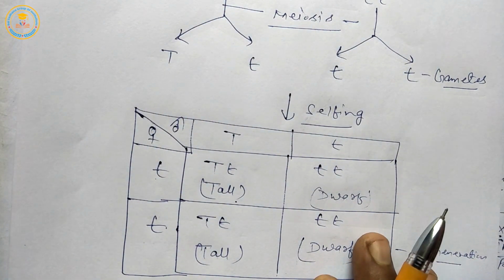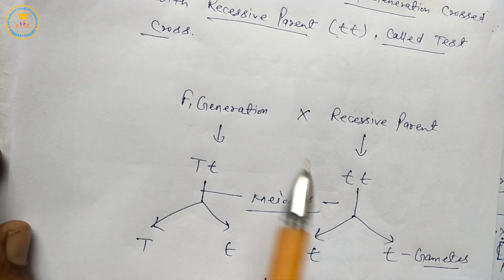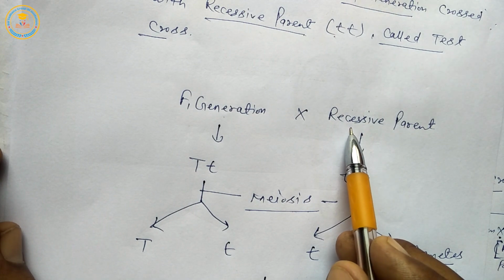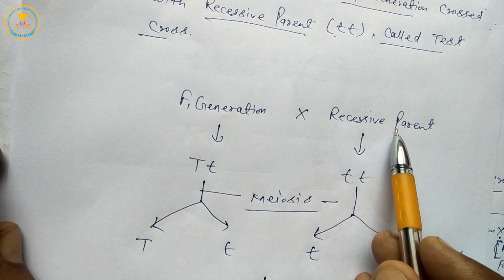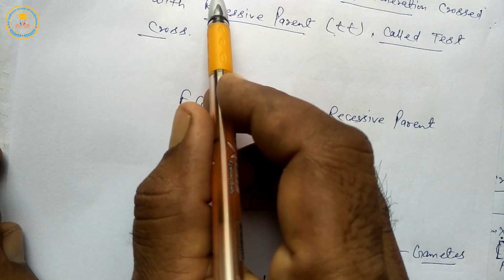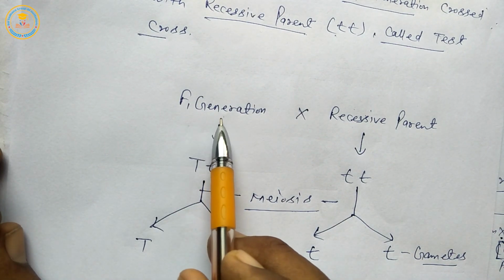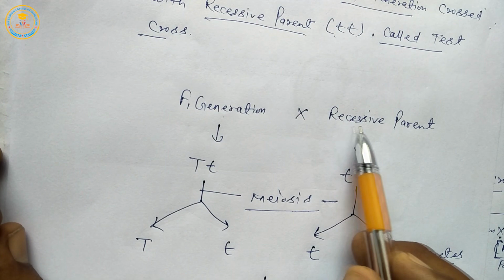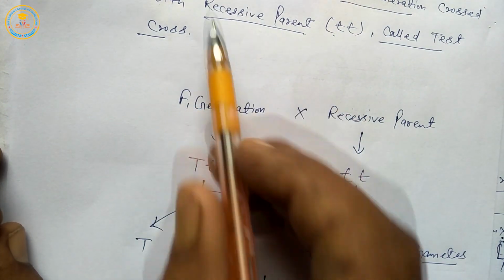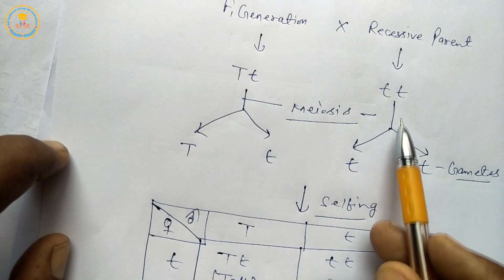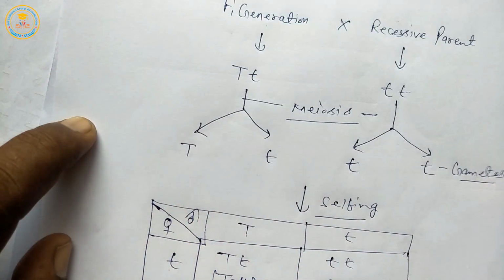Next, test cross. If F1 generation is crossed with recessive homozygous or recessive parent, it is called test cross. Once again, if F1 generation, it means first filial generation, is crossed with recessive parent, it is called test cross. F1 generation means capital T, small t, recessive means small t, small t.